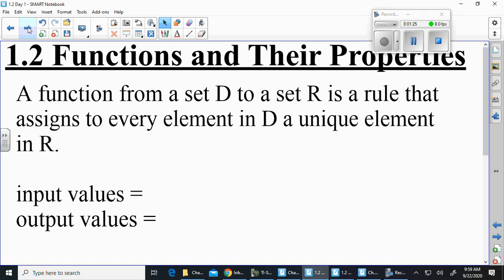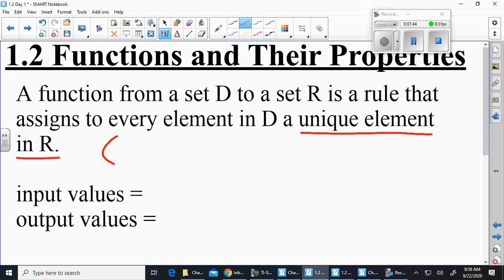So to start, functions and their properties. A function from a set D to a set R is a rule that assigns to every element in D a unique element in R. Really, what should we remember about this unique element in R? X can't repeat.